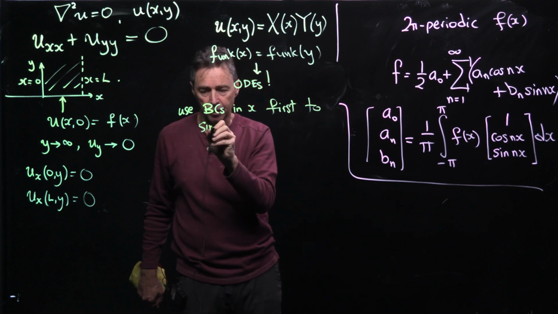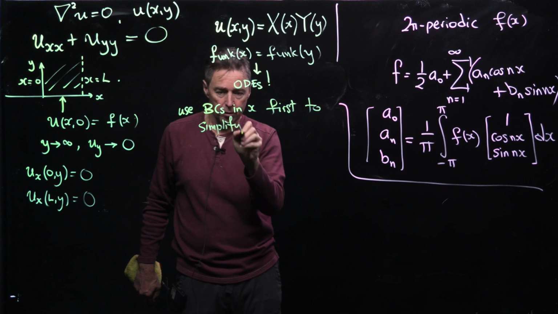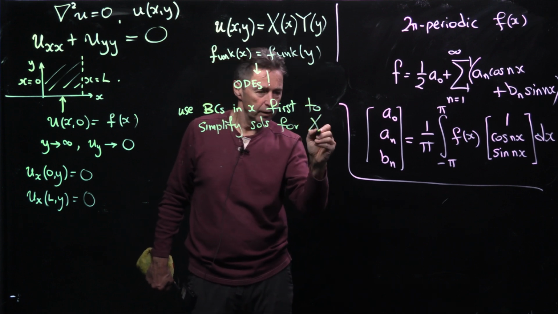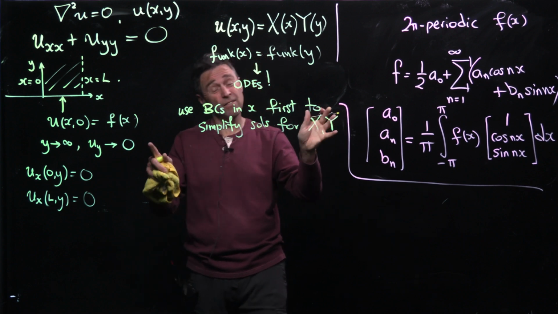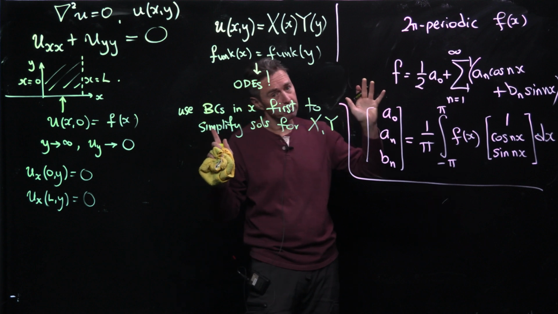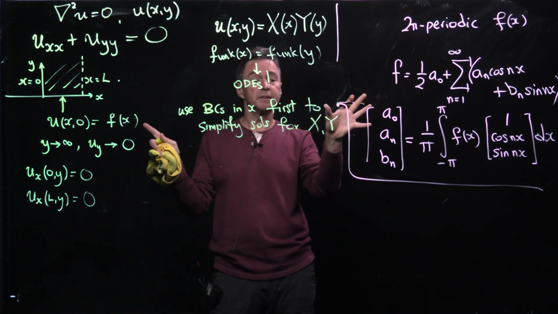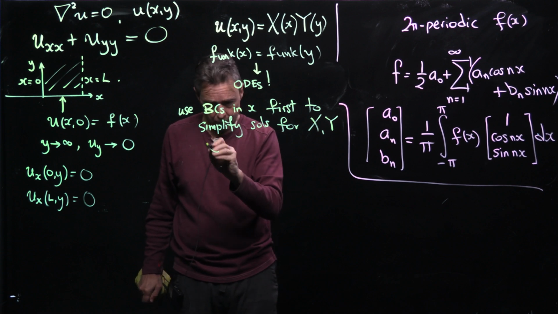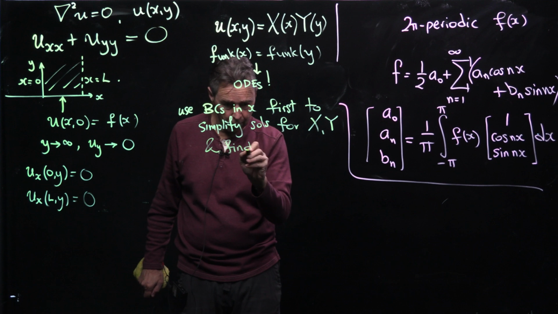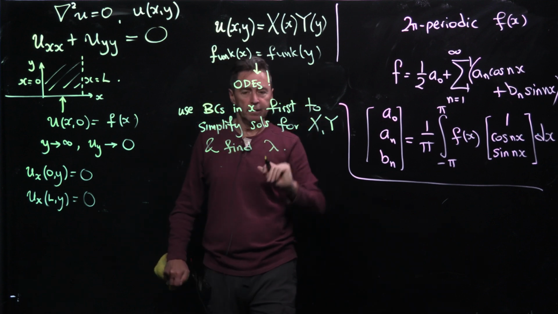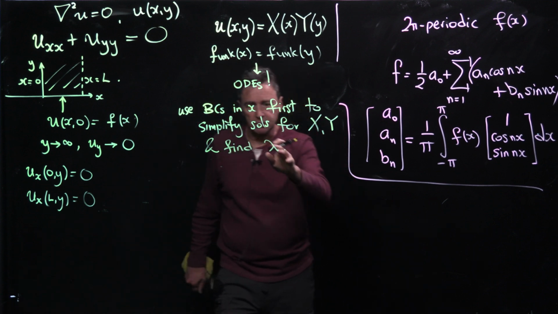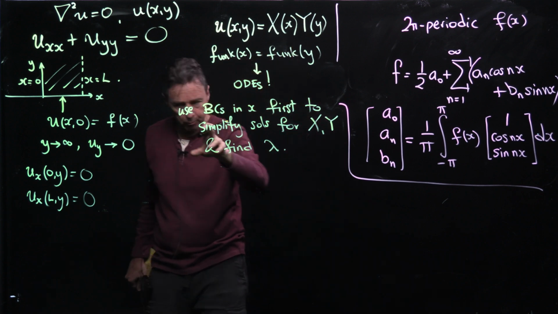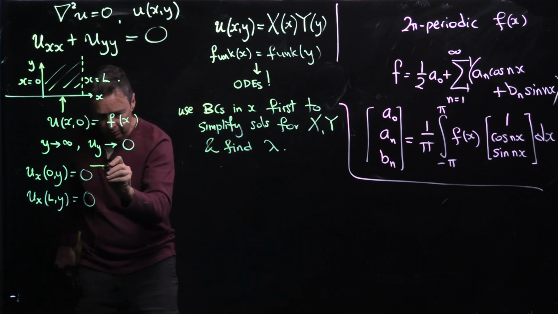to simplify the solutions for X and Y. And in fact, if I think back at the problem with the heat equation, it also told me what the separation constant was, and that's going to have to be true here as well. So I also find lambda, whatever my separation constant is, however it comes into these problems, I'm going to need to find it by applying those conditions. Right?